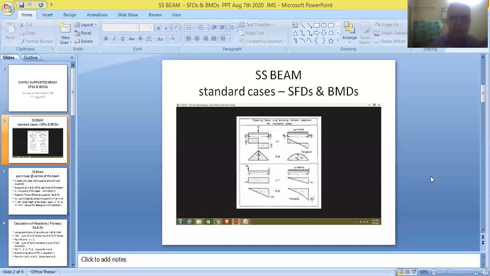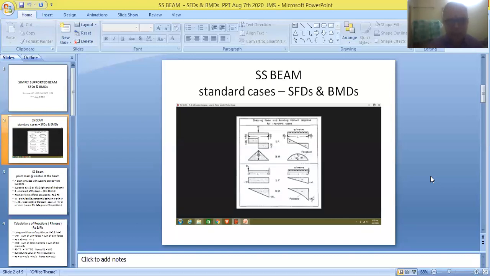Now, secondly, while dealing with any portion, we have to consider a vertical section XX at a distance of X meters from the right end of the beam. After that, we have to consider all the forces available on the right hand side of the section for writing shear force and bending moment equations.